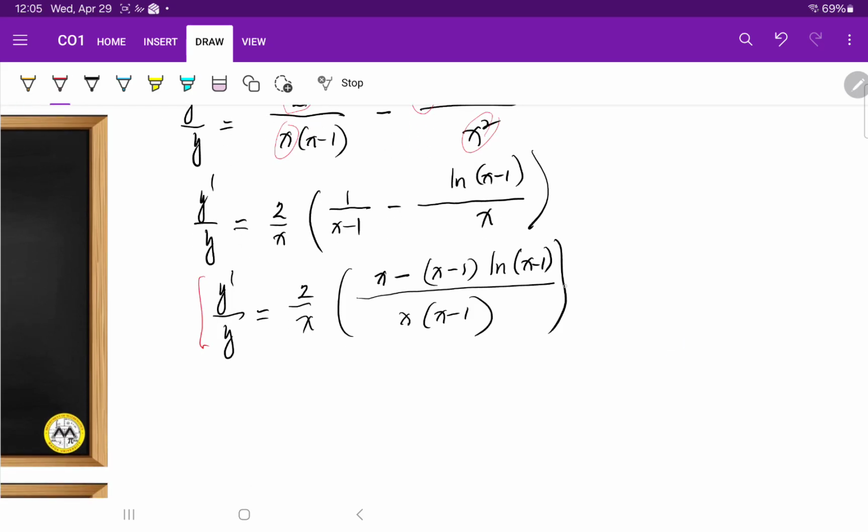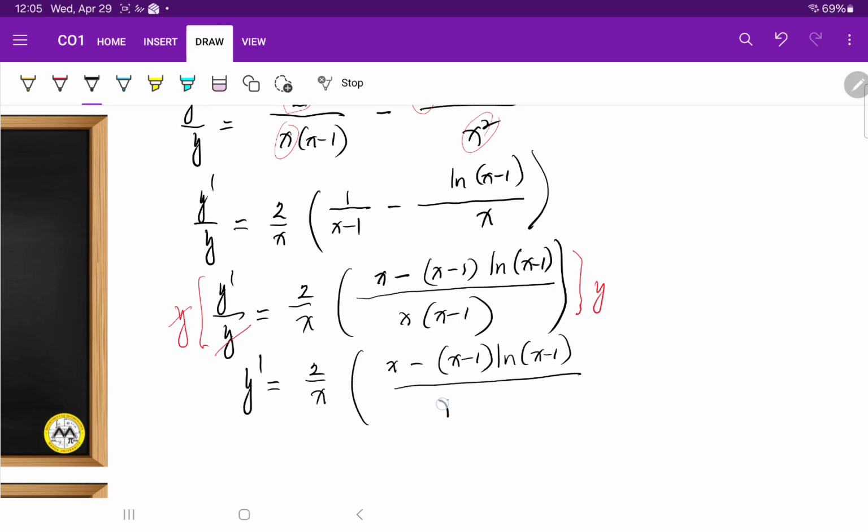We multiply both sides by y. So if we multiply both sides by y, this cancels out. You now have y prime is equal to what? 2 over x times x minus 1 ln of x minus 1 over x times x minus 1 times y.